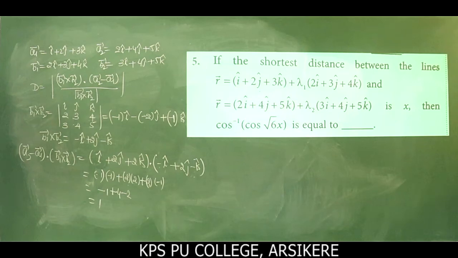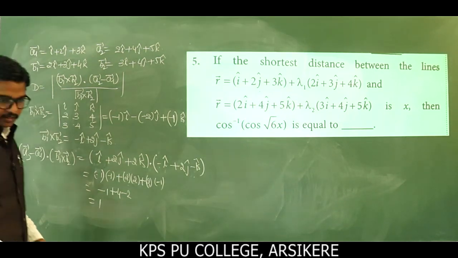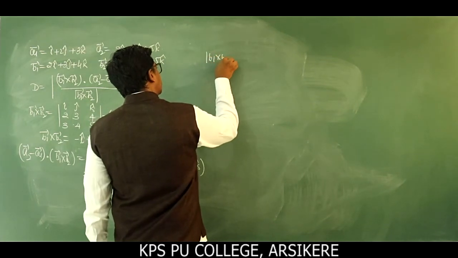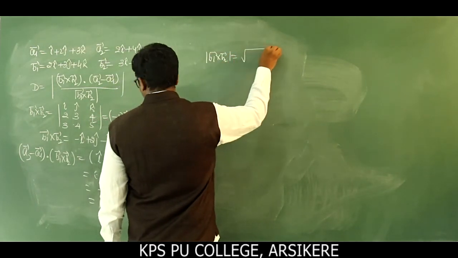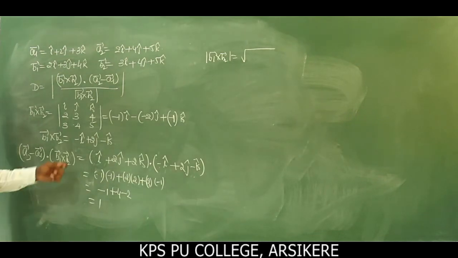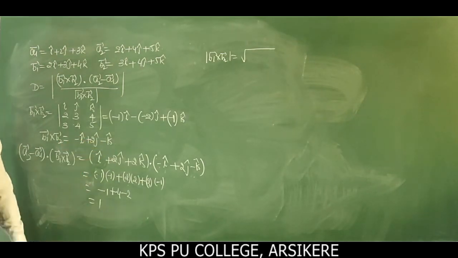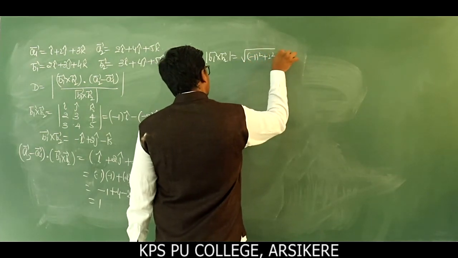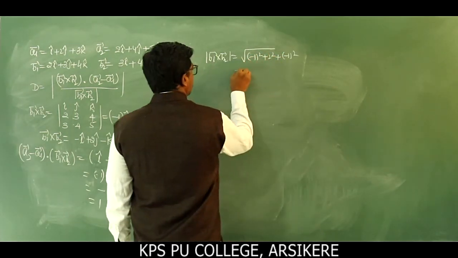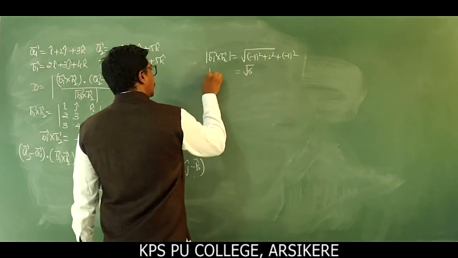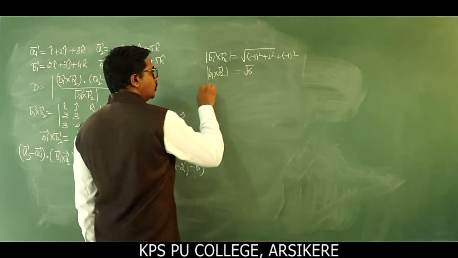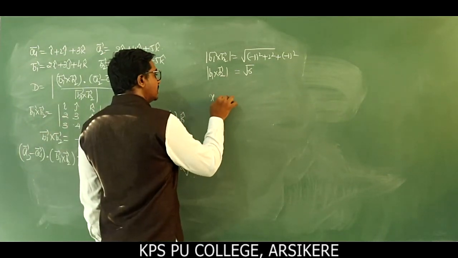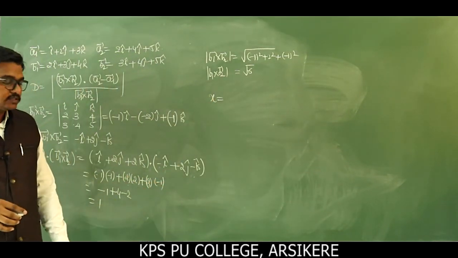a2 minus a1 dot b1 cross b2 we get 1, and another thing, magnitude of b1 cross b2. So we have here b1 cross b2 is minus i plus 2j minus k cap, that becomes minus 1 whole square plus 2 square plus minus 1 square, that becomes root 6. Magnitude of b1 cross b2 is root 6, and what they have given here is the distance between the given two lines is x.